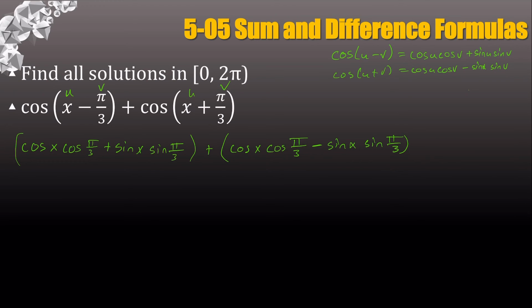All right, so now we have to figure out what's cosine of pi over 3 and sine of pi over 3. So on our unit circle, pi over 3 is here. That point is 1/2, square root of 3 over 2. So cosine of pi over 3 is 1/2.